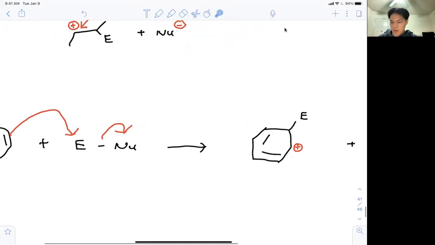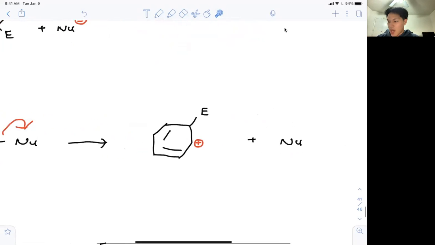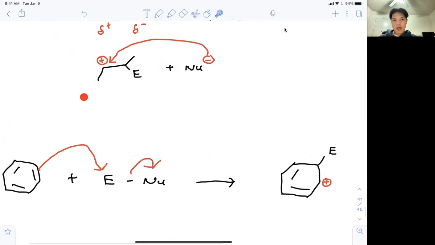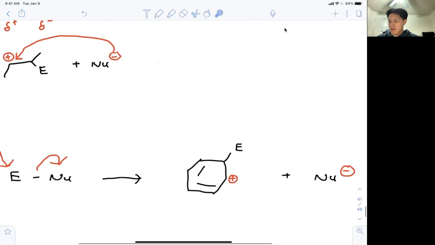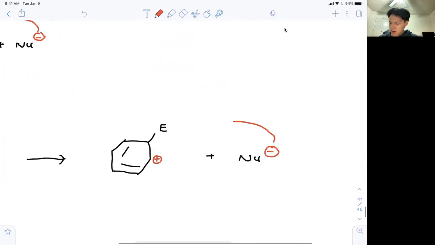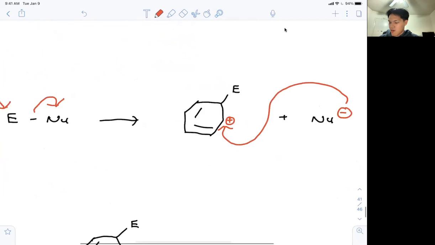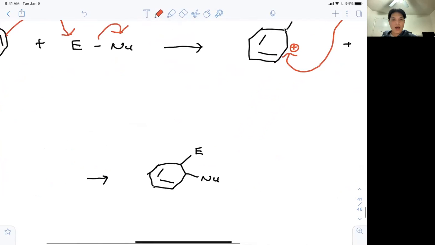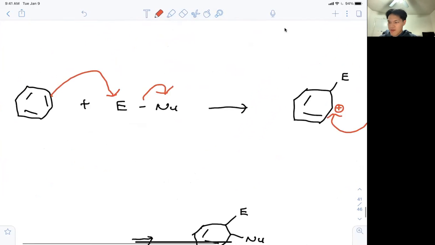And then our nucleophile that just left has now a negative charge, right? So now that it has a negative charge, there's also a positive charge, and it looks a lot similar to this, right? So we can just attack it. So let's attack it. It attacks, and then we get something like this, right? Sort of similar to this.